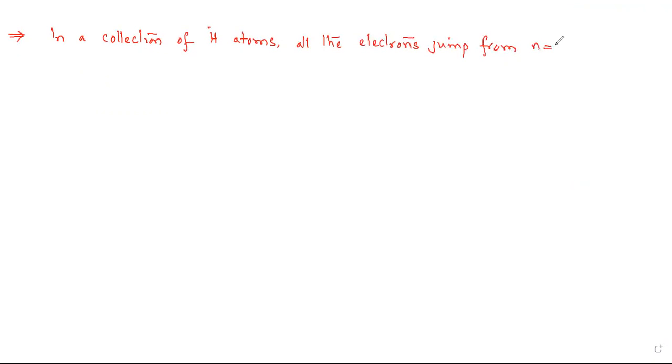This is again on spectral lines, but there is some twist. In a collection of hydrogen atoms, all the electrons jump from, of course, n is equal to 5 to ground state finally.